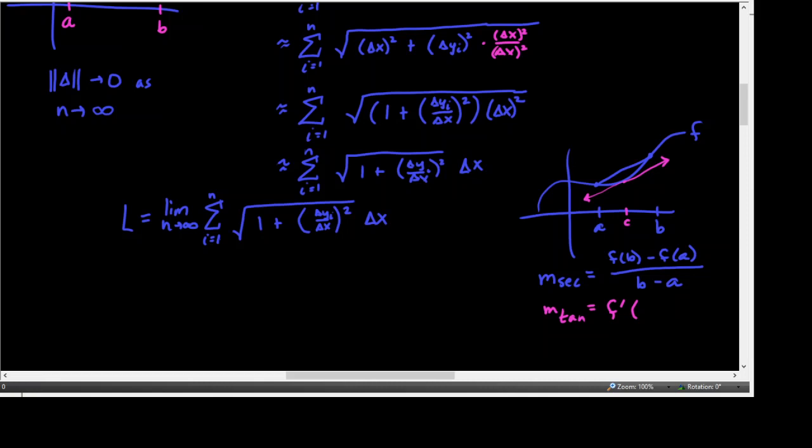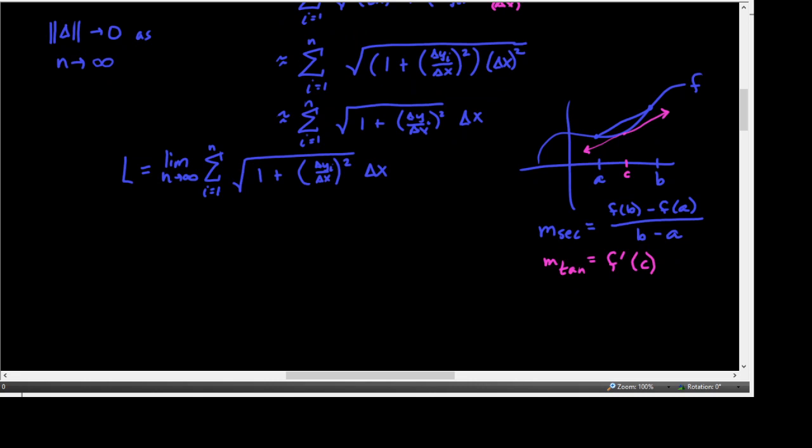It does not have to be at the midpoint. I know it kind of looks like that there. And we know that point c exists that will give us a parallel tangent line to the secant line. And of course what we know from that statement, parallel, is that those two slopes are the same. And so the mean value theorem conclusion is that there's some number c such that this expression is true at least once for a c value between a and b. That's your mean value theorem statement.